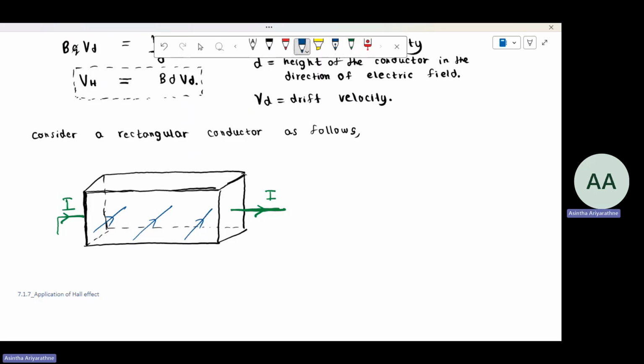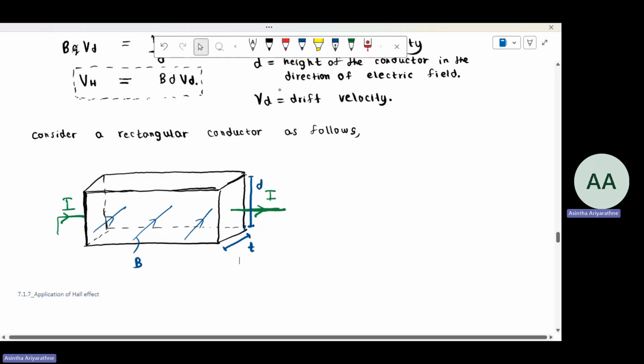The magnetic field is B. Let's say D is the height, and T is the width of the conductor.